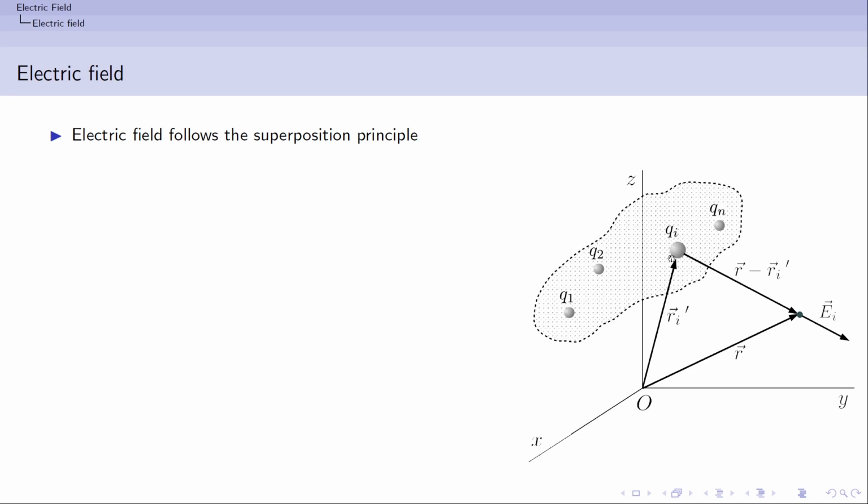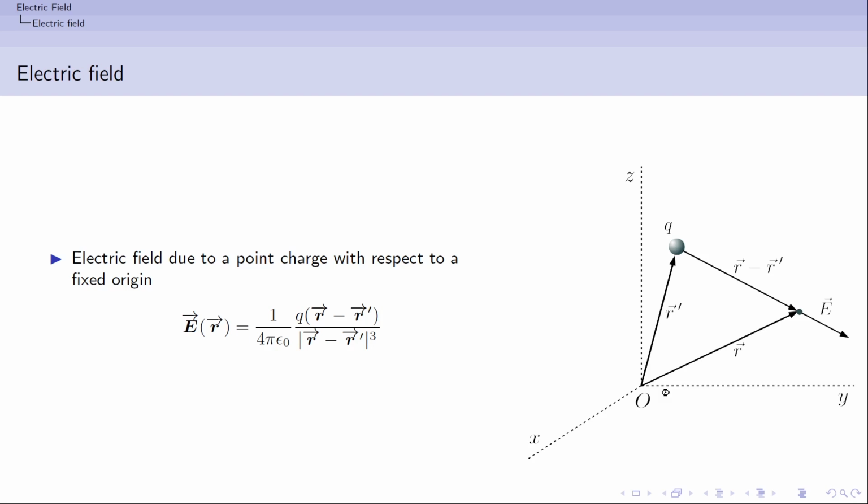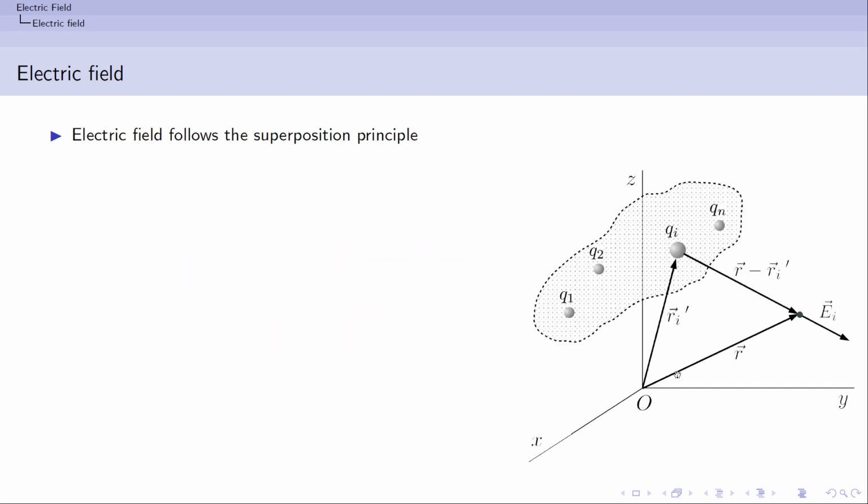So I take any arbitrary charge, the ith charge, qi, and find out the position of this ith charge, which is ri prime. I want to find out what is the field at this position r, and the separation vector for the ith charge with respect to this point is r minus ri prime.